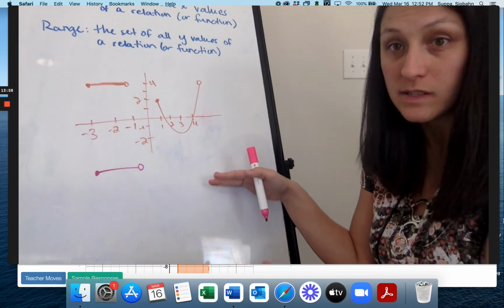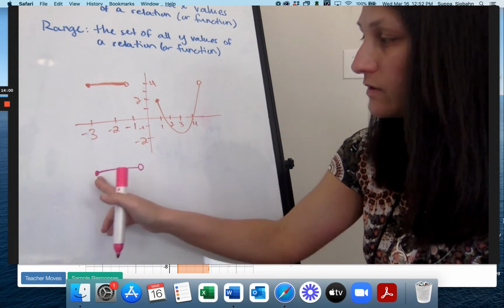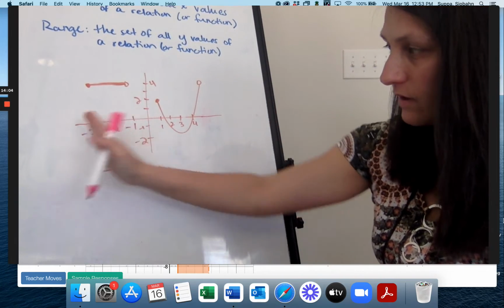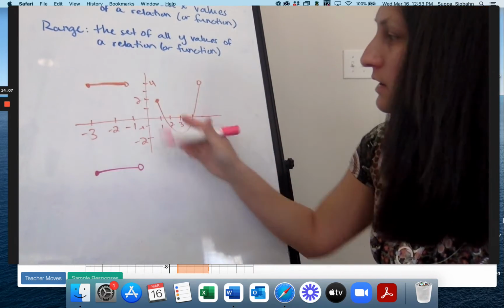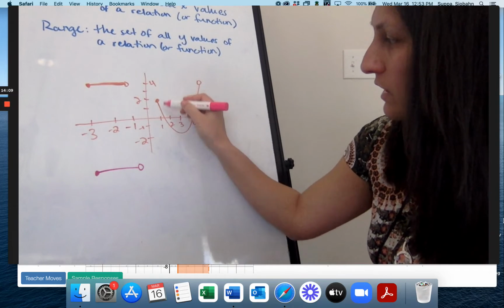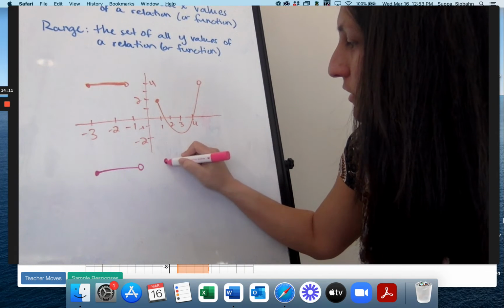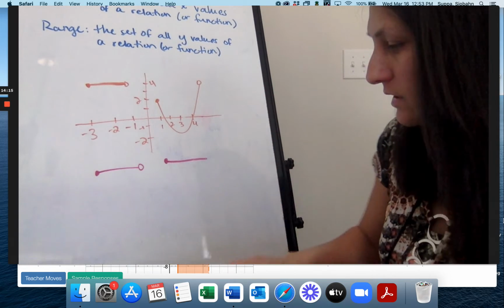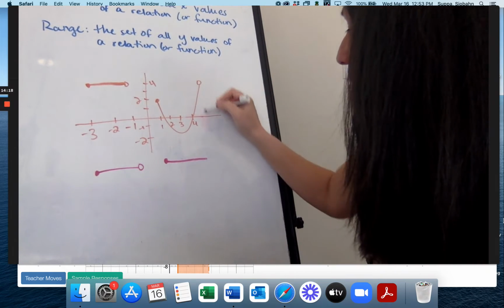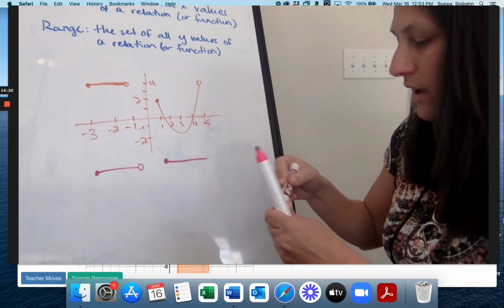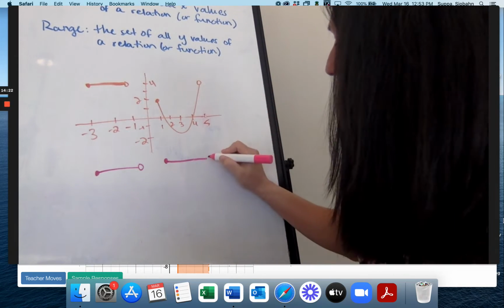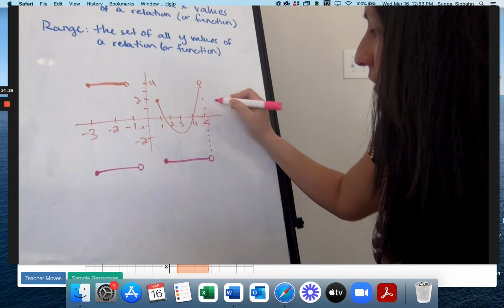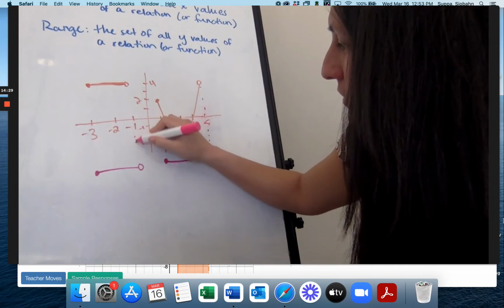The domain is all the x values that have points on this graph. Then there's a big jump, and you pick up at 1, filled in, so there's a point there. And then it keeps going up until 5, with an open circle at 5.